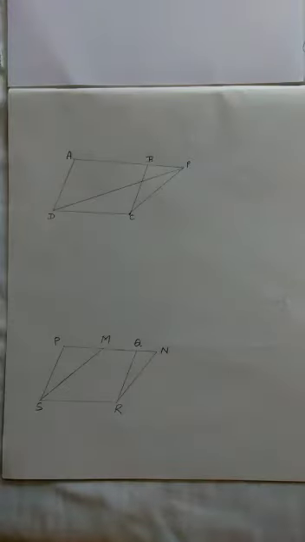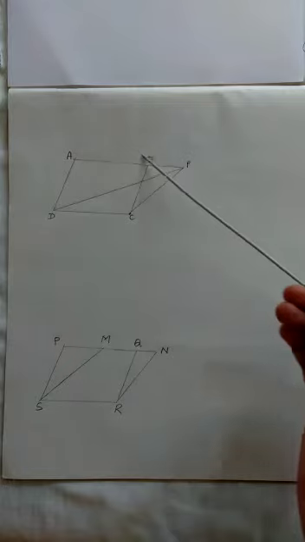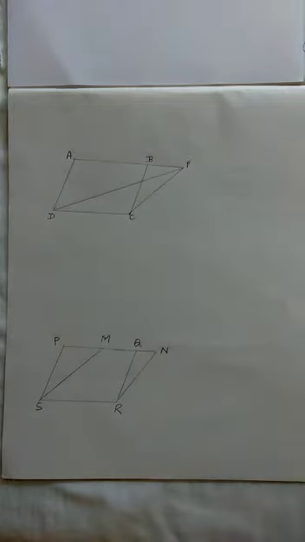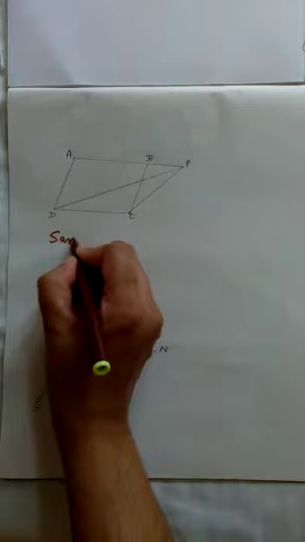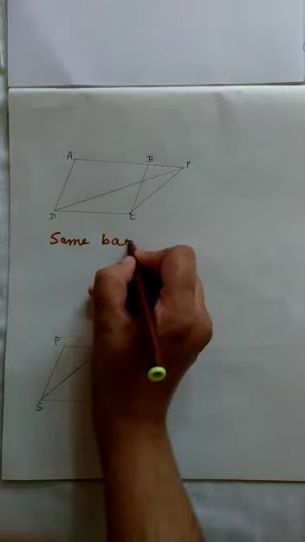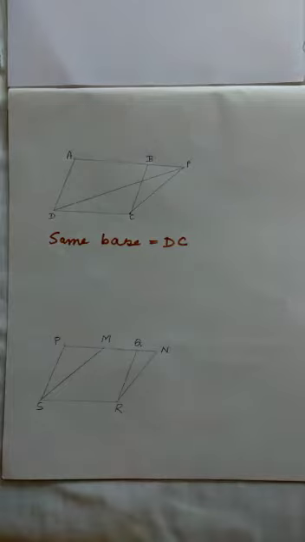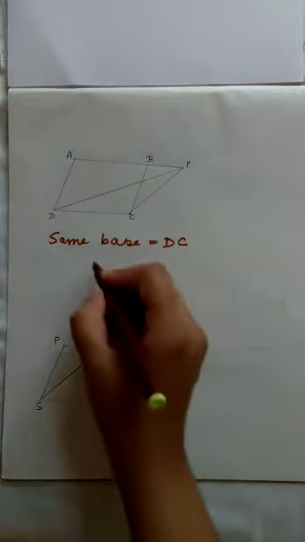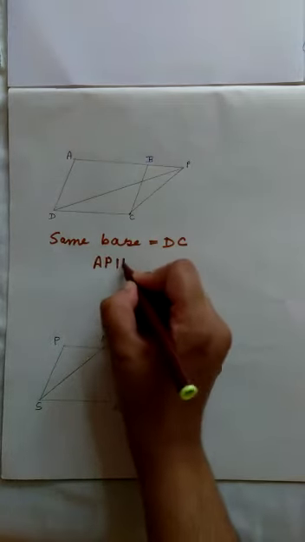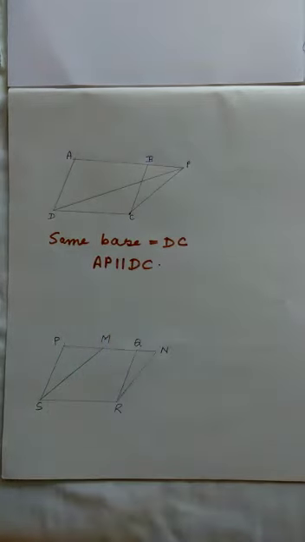Consider the next figure, in which ABCD is a parallelogram and triangle PCD lie on the same base that is equal to DC, and between the same parallels AP and DC, that can be written as AP parallel to DC.